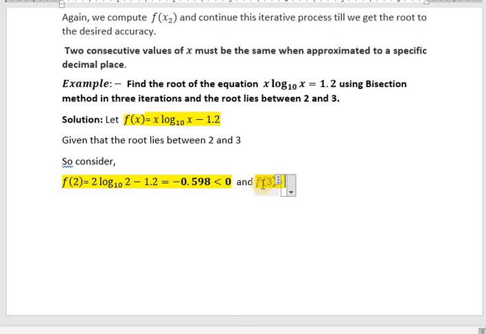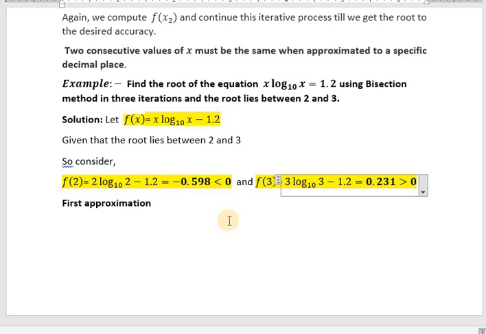Then let us find f(3), that is 3 log 3 minus 1.2, its value is 0.23. Now observe these two values, minus 0.58 and 0.23. They are of opposite sign, therefore the root lies between 2 and 3.